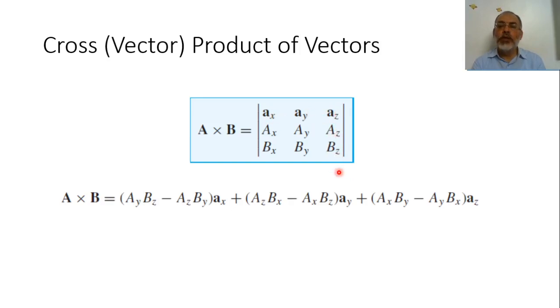Here the signs are positive, negative, positive, so positive AZ multiplied by AX BY minus AY BX, in the Z direction. You can complete the remaining part, and you can compare this formula with the previous formula obtained in the previous slide. You find the determinant is quite sufficient to obtain the cross product of the two vectors in Cartesian coordinates. Okay.